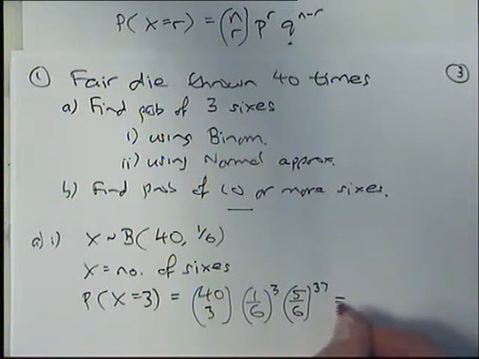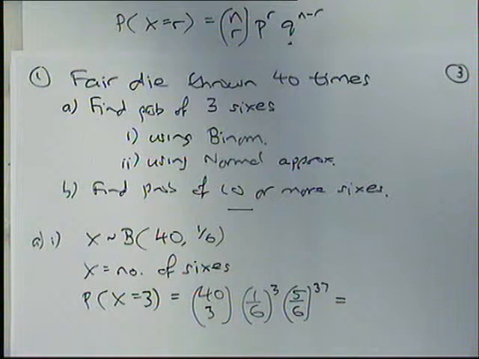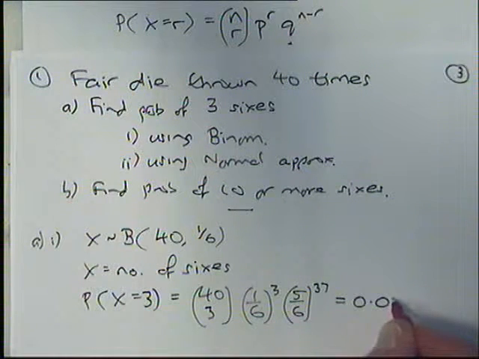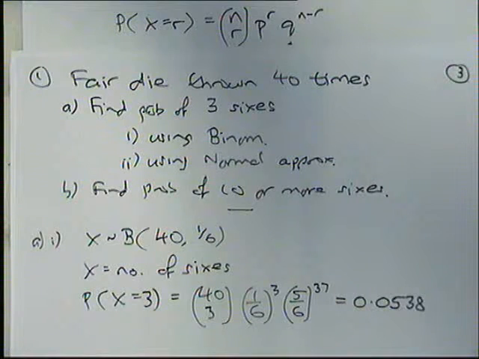And if you work that out on a calculator, hopefully we all get the same answer of 0.0538. Okay, so that is the perfect probability answer. That's done by the binomial. That's totally accurate, no approximations going on there at all.